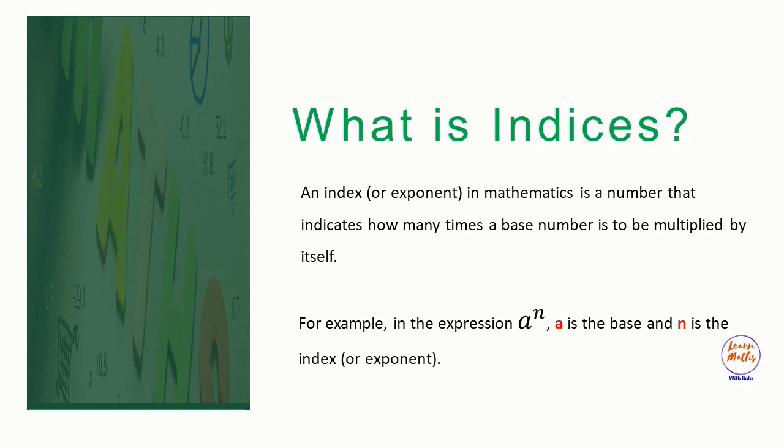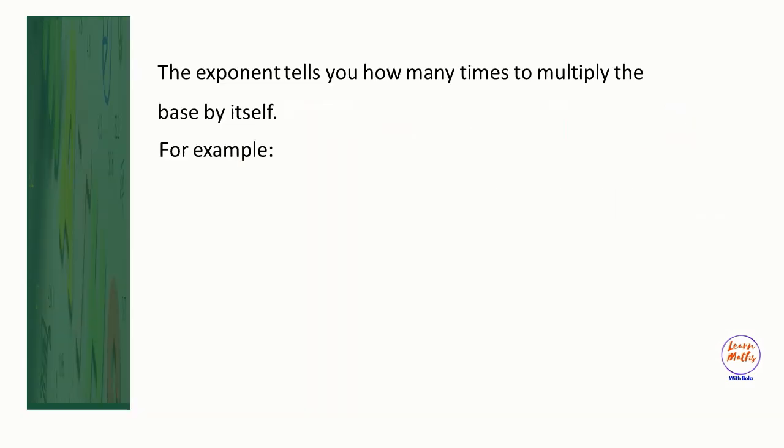If you have an expression a raised to power n, a is the base and n is the index or exponent. The number a, which is a natural number or an integer, is the base, and the exponent tells you how many times to multiply the base by itself.